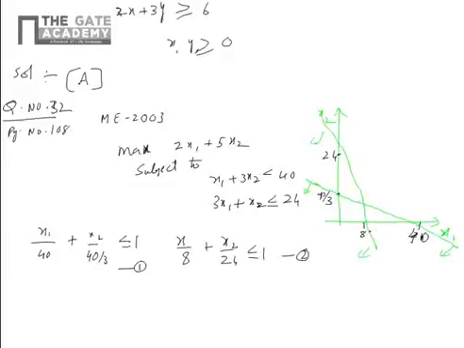So the corner points are the initial solutions. A, B, C, D: four corner points are present in the solution. So what are the corner points? A is 0, 0.